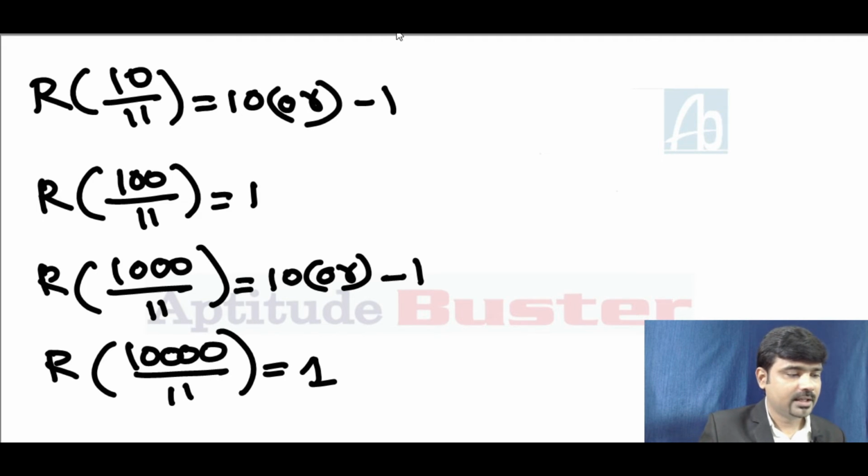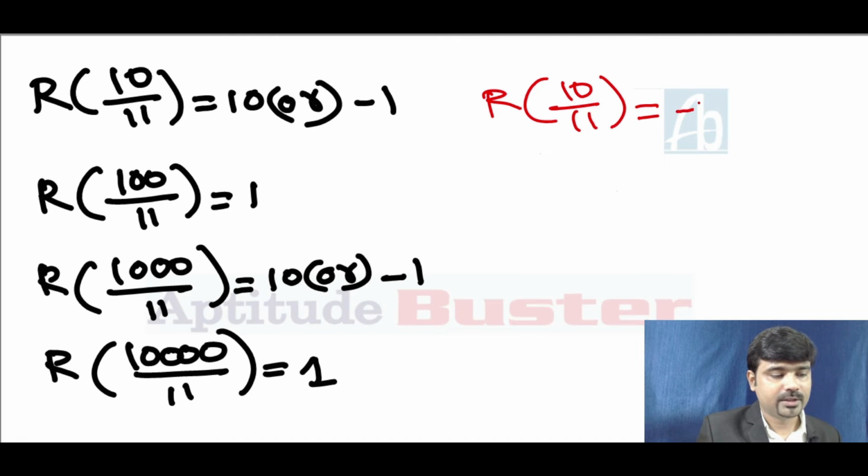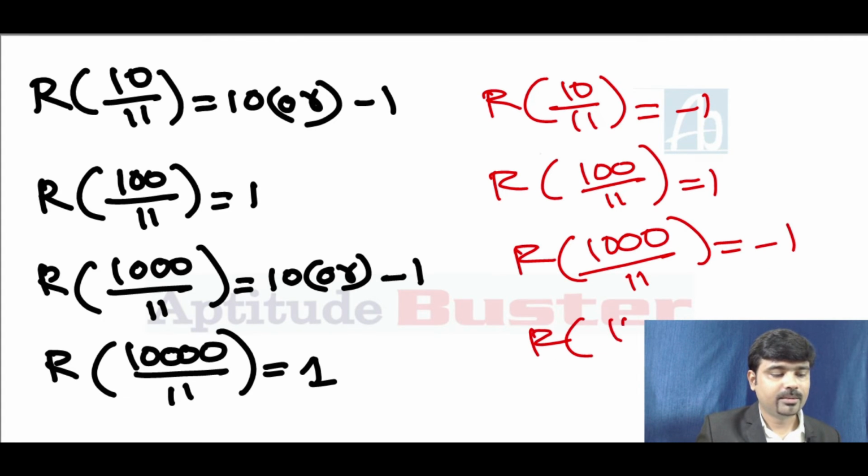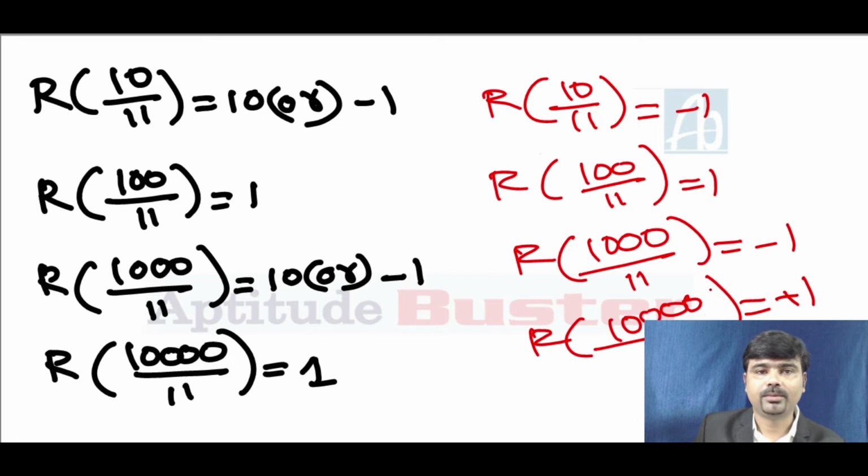From this you can understand 10 divided by 11, the remainder is minus 1. 100 divided by 11, plus 1. 1000 divided by 11, minus 1. 10,000 divided by 11, plus 1. So minus 1 plus 1 minus 1 plus 1, like this.